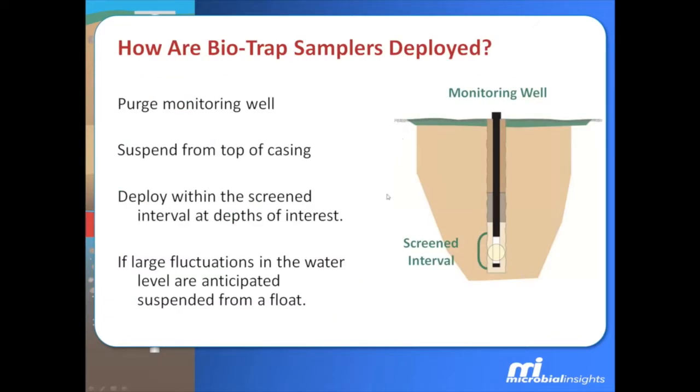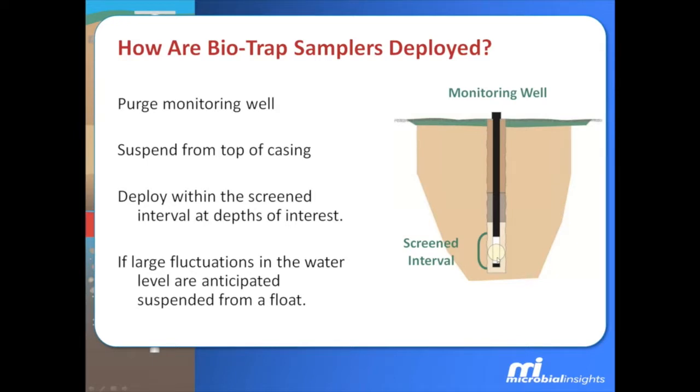Now, a biotrap is typically going to be deployed in a groundwater monitoring well, but as I said earlier, that's not the only environment where these are deployed, it's just the most common. Typically you purge the well as you might before sampling the groundwater, and then you suspend the biotrap from the top of the casing, typically in the center of the screened interval, or at a particular depth of interest.